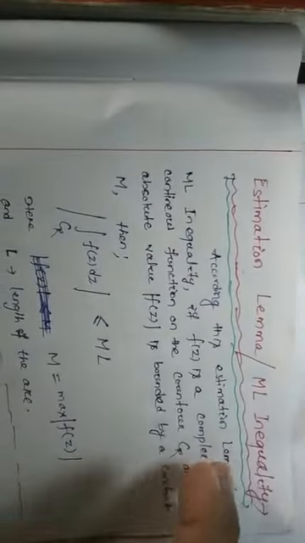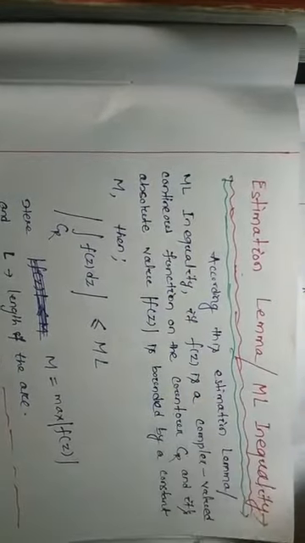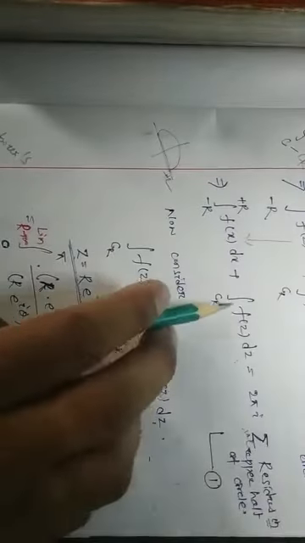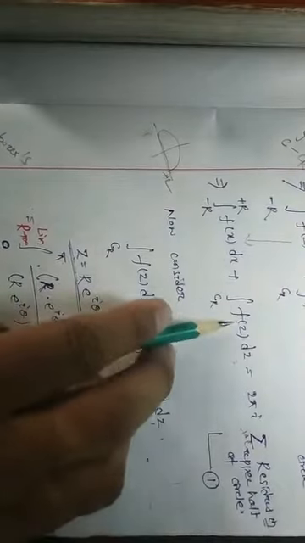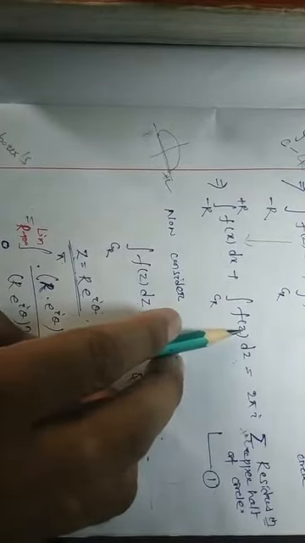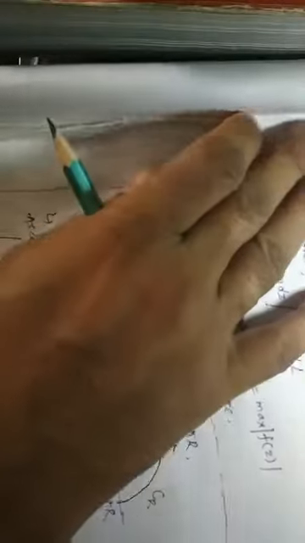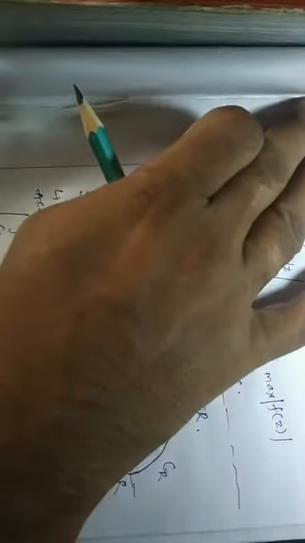With the help of this theorem also we can prove that the integral over C_R of f(z) dz, when r tends to infinity, is equal to 0. I am going to show you with a short note. No proof is given here, only the definition, and we use it for our working purposes.